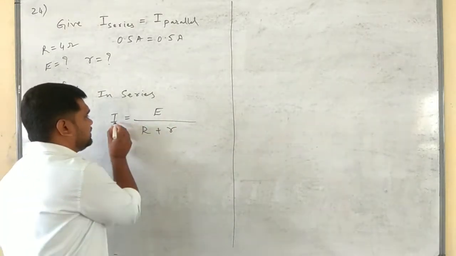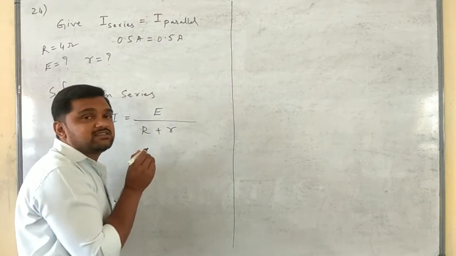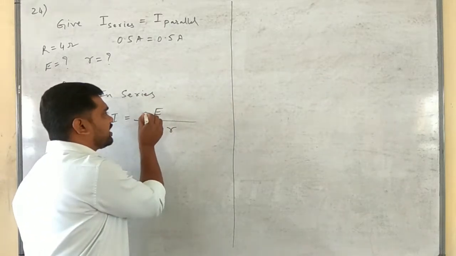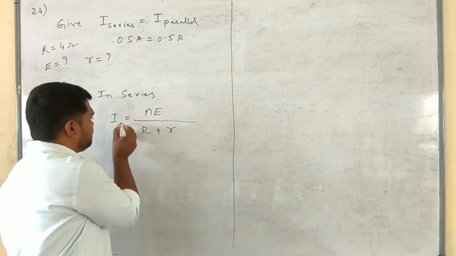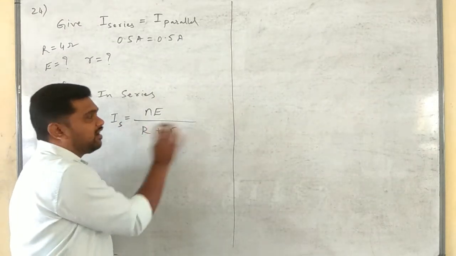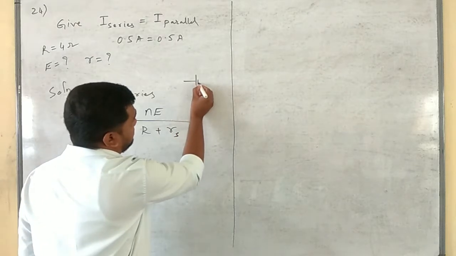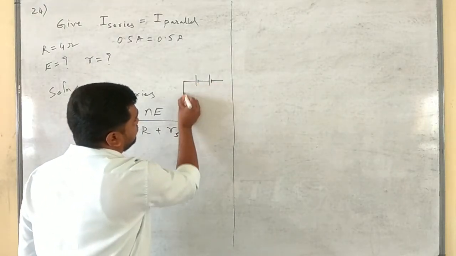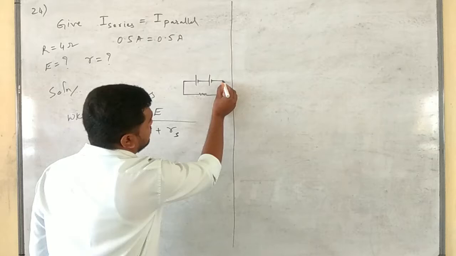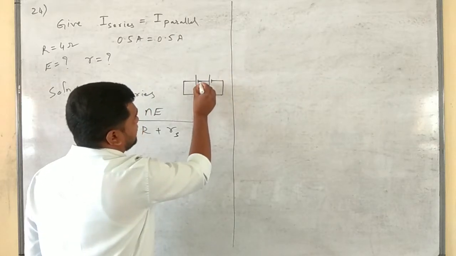In series, when n identical cells are connected, then we can go for nE. This is R, the external resistance, and it is Rs like this. It has some internal resistance.